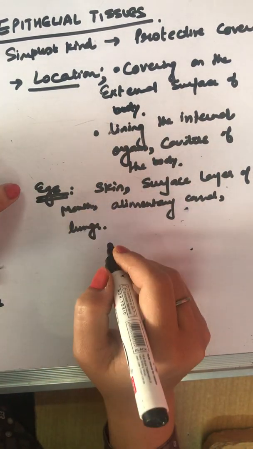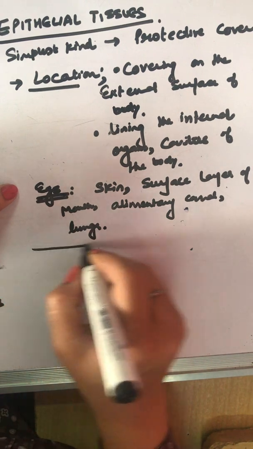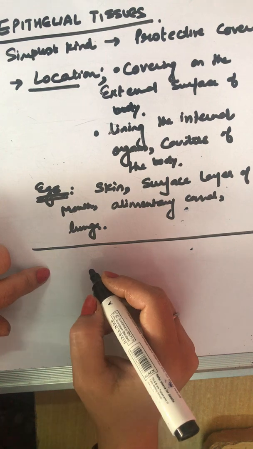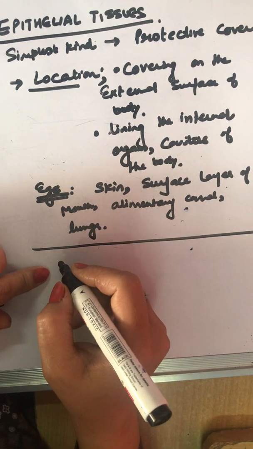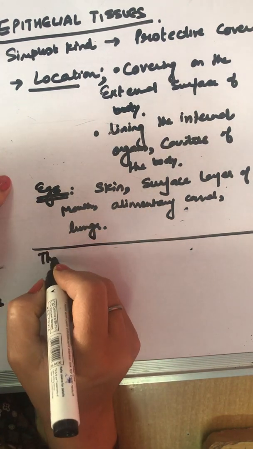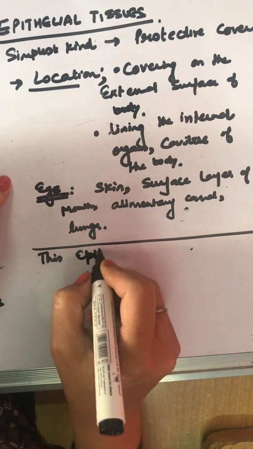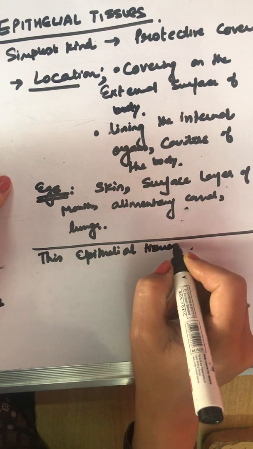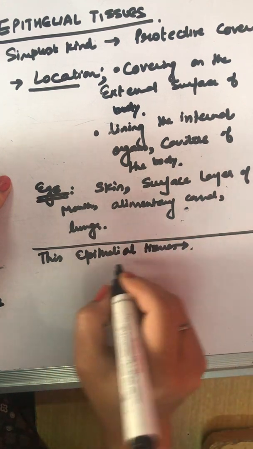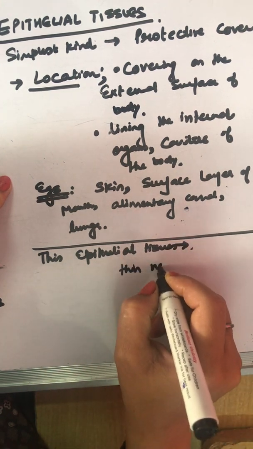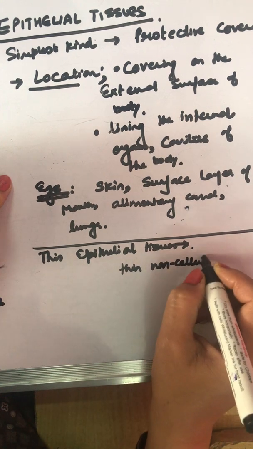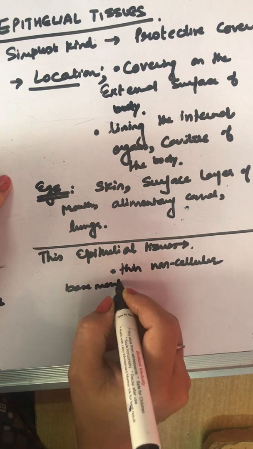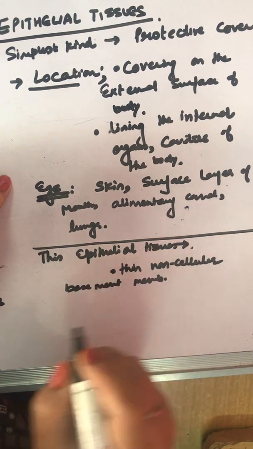And this basically rests on a thin non-cellular basement membrane. How is it normally present? This epithelial tissue rests on a thin non-cellular basement membrane.